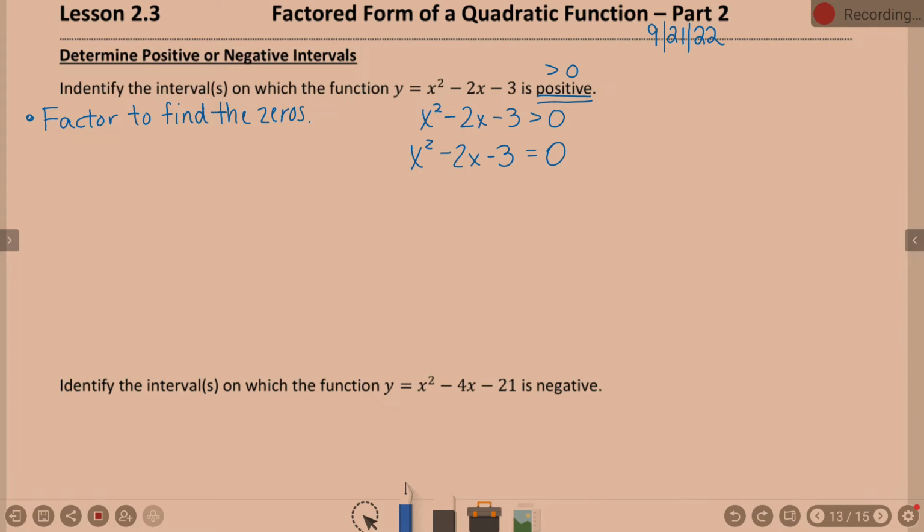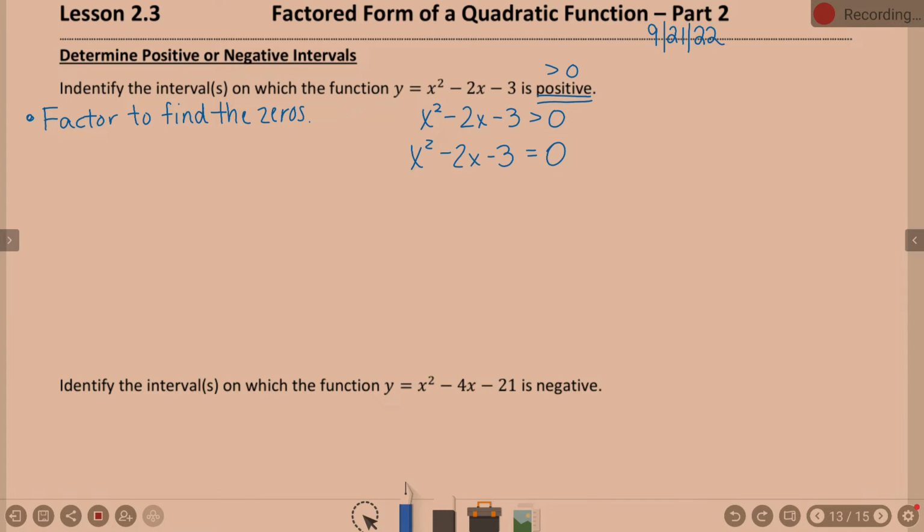That's our step 1. We're going to factor this expression to find our zeros. Thoughts on factoring this one?